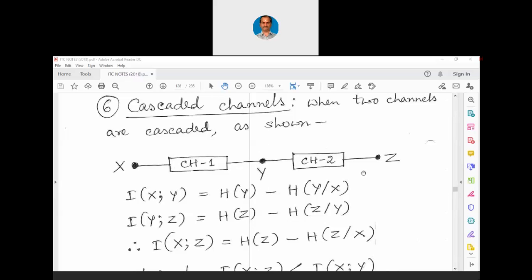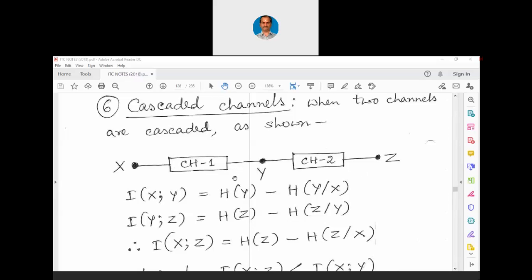We can have many such combinations in our communication systems. In fact, I gave you an example of switches and routers, and I gave an example of the OSI model in the last class. There can be many communication parts or subparts that are in between the source and the destination.